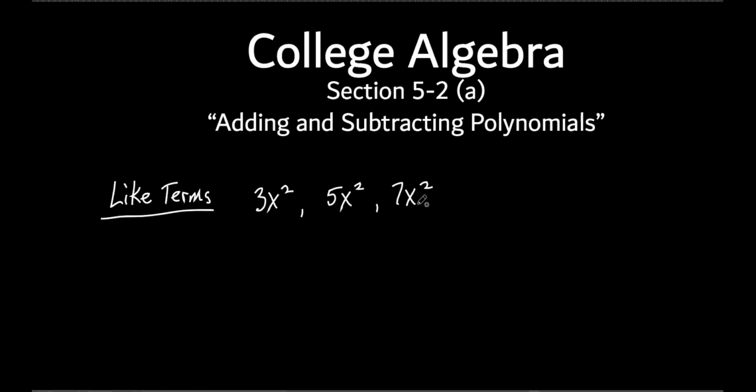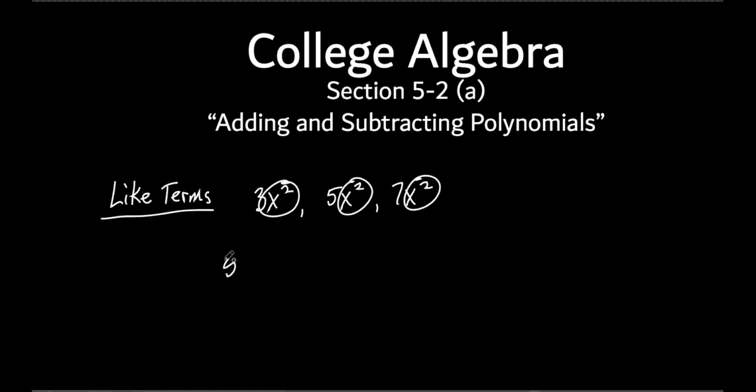So it's like having 3 apples, 5 apples, 7 apples. They're all the same thing. They're all apples. The 3, the 5, and the 7 just say how many of these things we have. Do I have apples and oranges here? No. I've got apples and apples and apples, but they're not apples, they're x squareds. So 3x squared, 5x squared, 7x squared are all like terms.